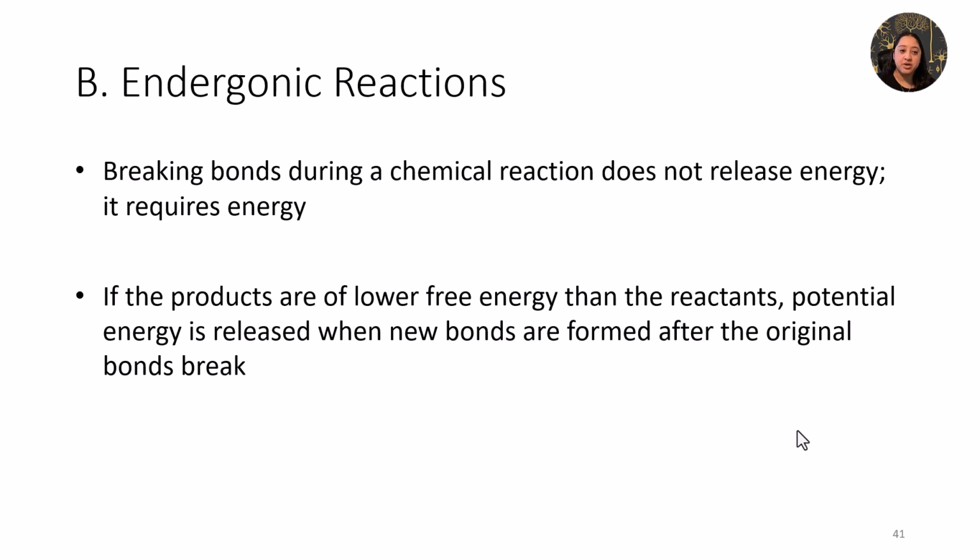Okay, and so the opposite is endergonic reactions. When you break bonds during a chemical reaction, that doesn't release energy, it actually requires energy. If the products are of lower free energy than the reactants, then potential energy is released when new bonds are formed after the original bonds break.